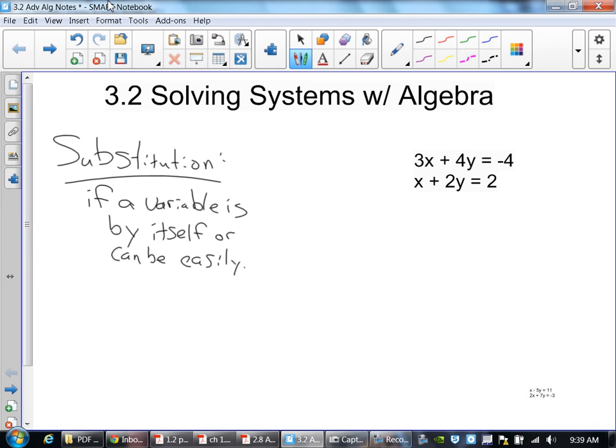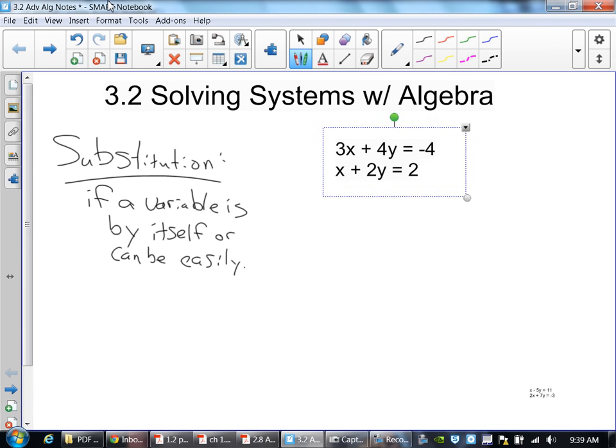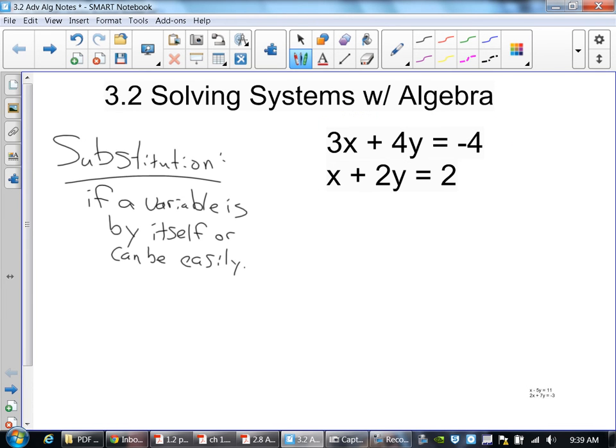What I'm talking about here with substitution is basically putting one in for another. It eliminates one of the variables for us. Now, in the example I have here, I have 3x plus 4y is negative 4. Second equation is x plus 2y is 2.